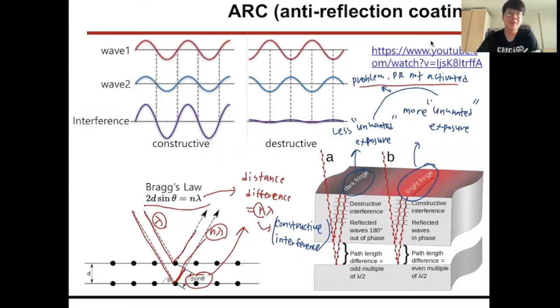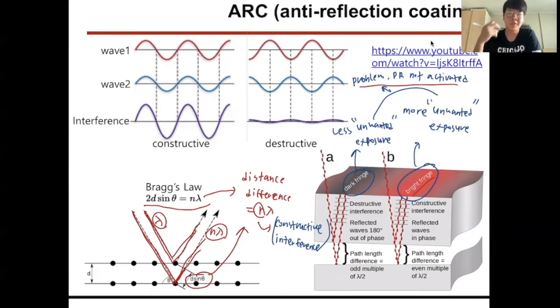There are problems with photoresist. If we use light, then by Bragg's law, as the silicon wafers are highly reflective, the light can be reflected on the PR, and after that it can be reflected on the silicon wafer.